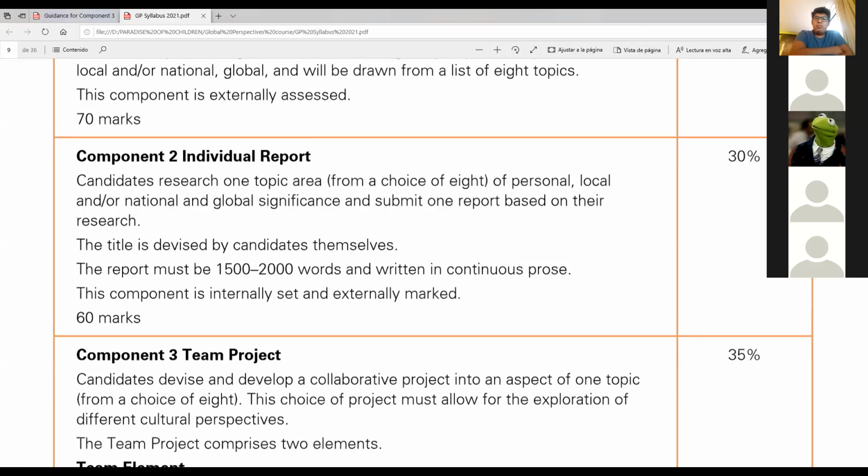In the individual report, you of course need to select your preferred topic area, because you are going to explore different issues and different perspectives regarding that issue. Okay, different perspectives, but this needs to be based on a lot of information.